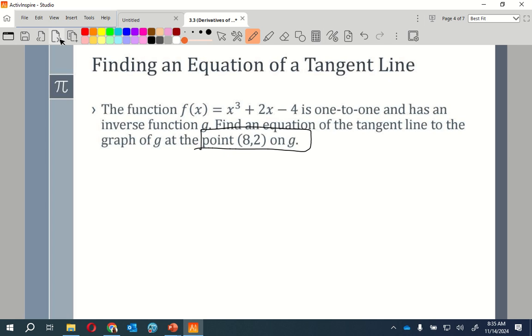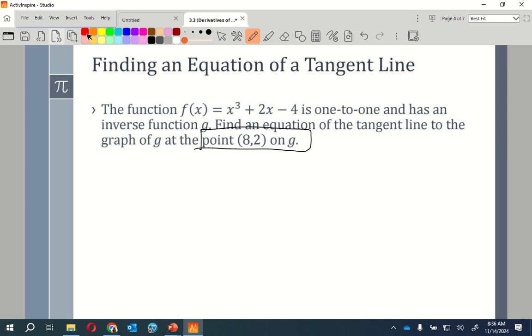Why am I making such a big point on that one? That it's on g. Go ahead. It's flipped. If it's on g, it's already flipped. Is that what you were saying? Yeah. So g is already flipped.